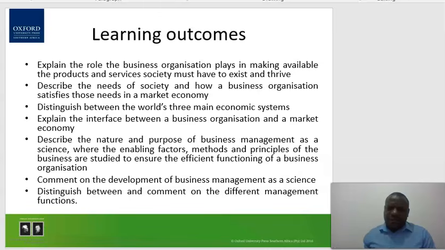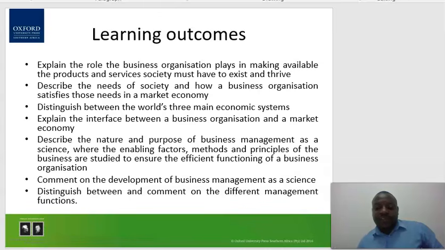The outcomes, what you are expected to at least be knowing by the end of this chapter: you must be in a position to explain the role that is played by business organizations. You must also be in a position to explain the role business organizations play in making available products and services that the society needs.